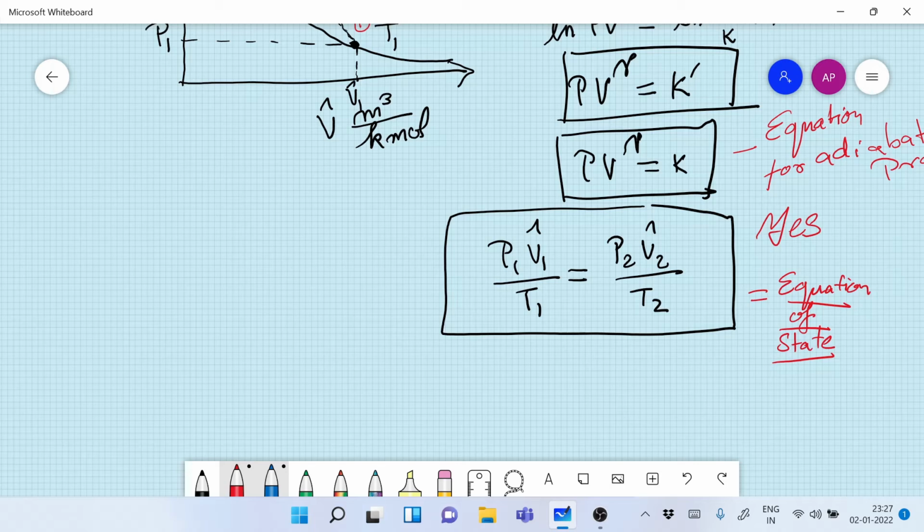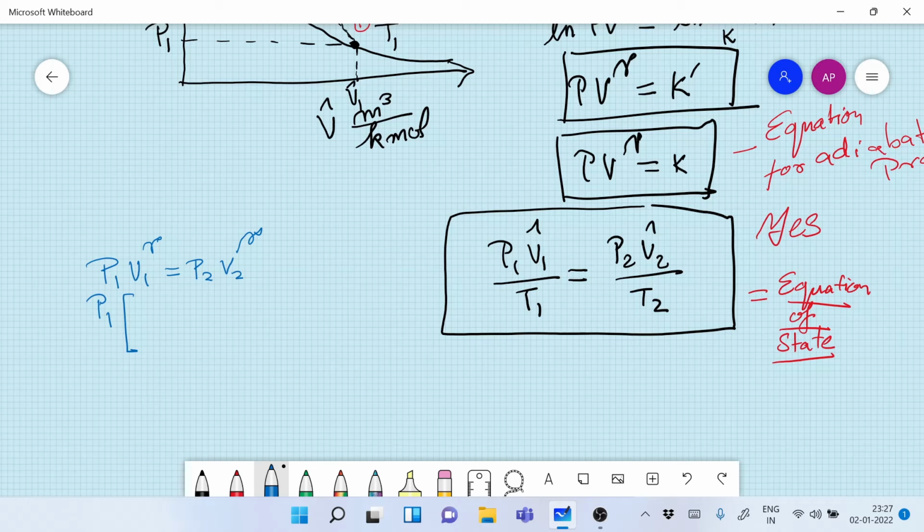We write down P1 V1 raised to gamma is equal to P2 V2 raised to gamma. We can write down P1 and replace V1 by the equation of state.